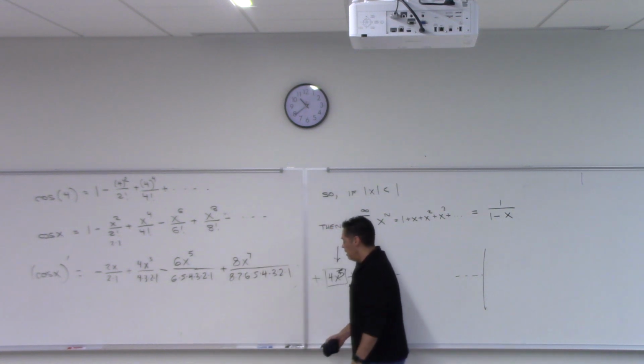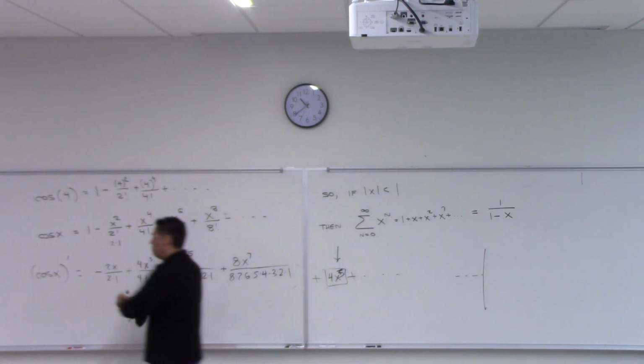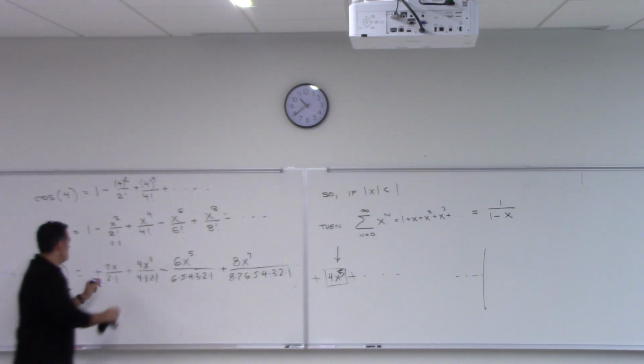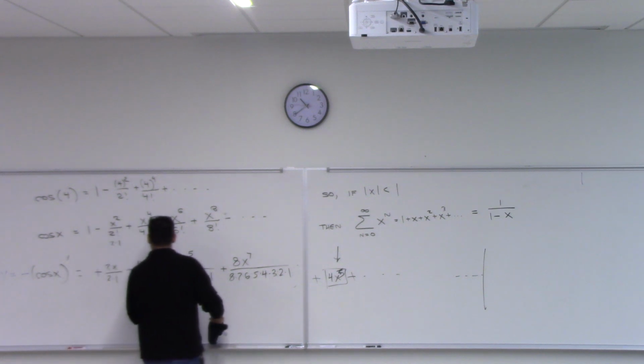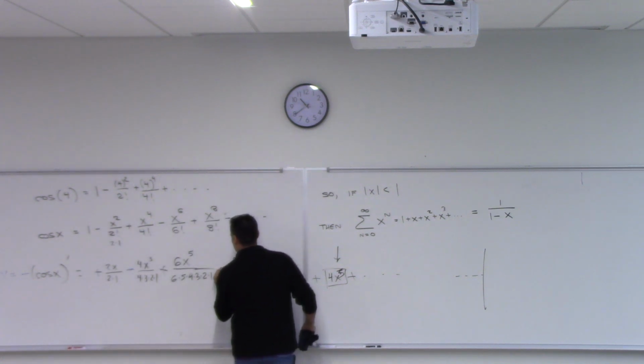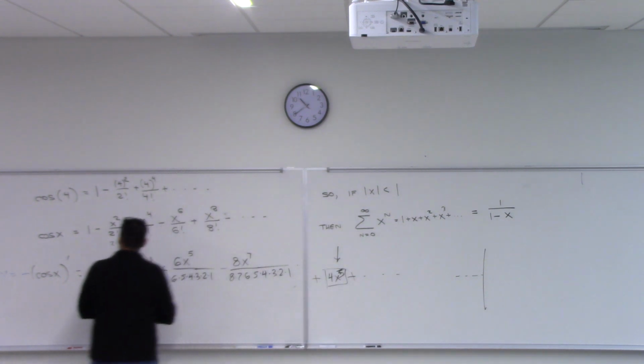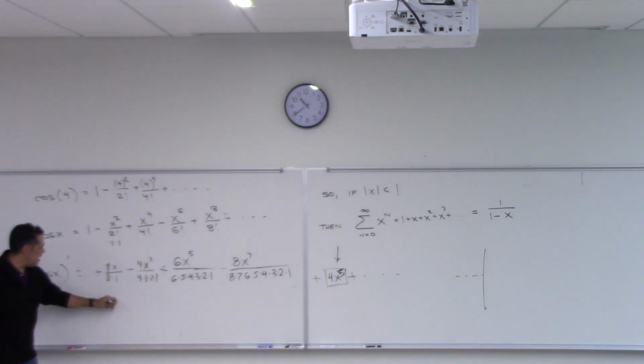Keeps going. Now, we need to change the sign, don't we? If we want to know what sine x is, we have to do the negative of this. So let's change that to a plus, that to a negative, that to a plus, that to a minus. And let's clean it up now. What happens here? The 2's cancel, you just get x.